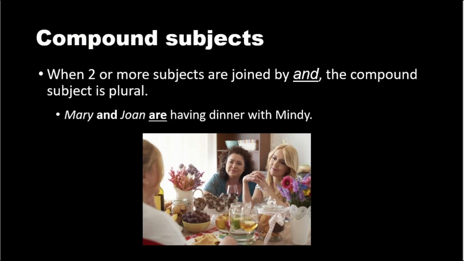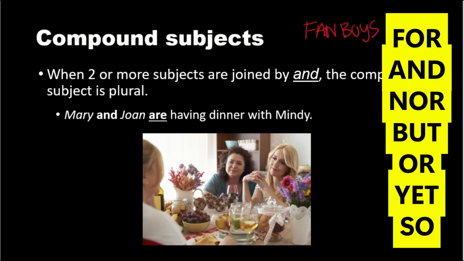So when it comes to compound subjects, and folks, we've been talking a lot using these sentences where there is only one subject, but when you have compound subjects, the rule is going to be determined by whether or not you're using the coordinating conjunction and or one of the other ones. You're like, what's a coordinating conjunction? Folks, the acronym is FANBOYS. Each one stands for one of the coordinating conjunctions.